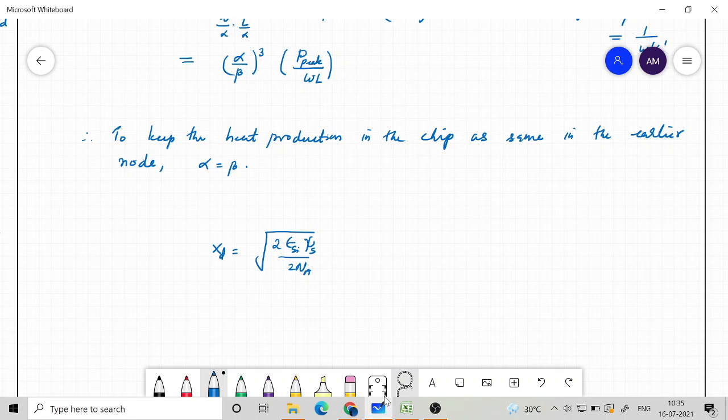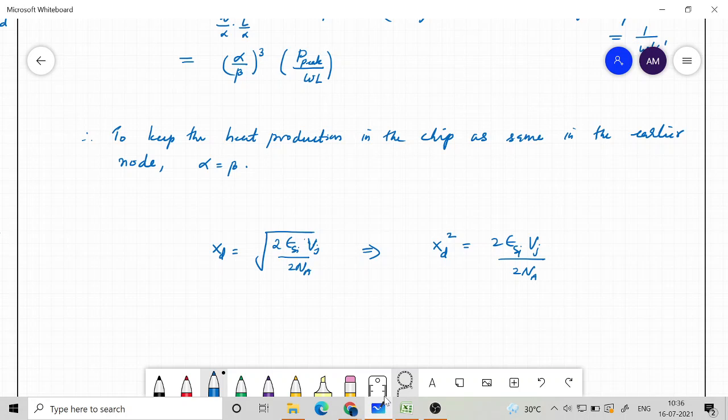So to use it in a general form, I will just put VA, the voltage across the junction, VJ. Which means that xd square is basically 2 epsilon silicon Vj by QNa.